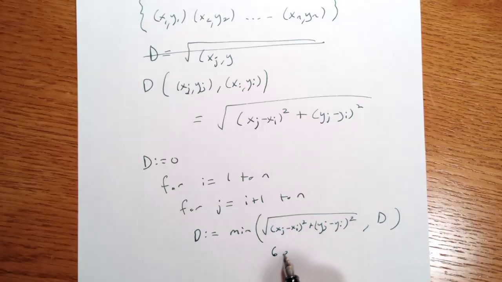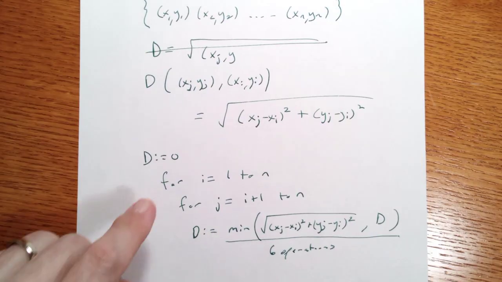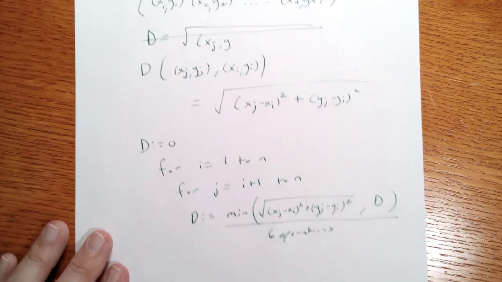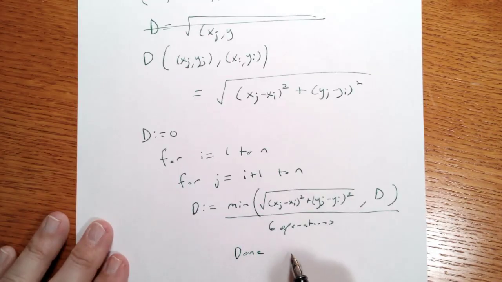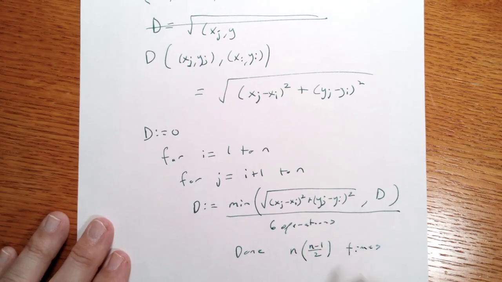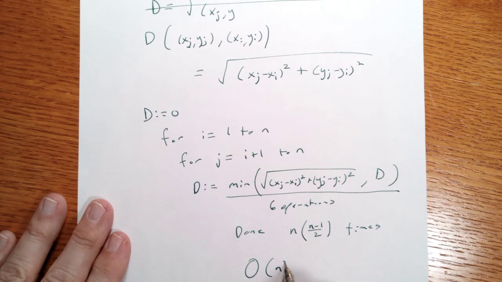This is 6 operations in this line. And I do it how many times? So this is big O of n squared.